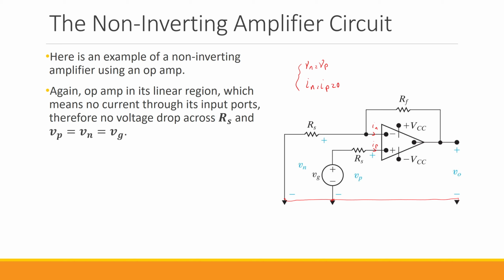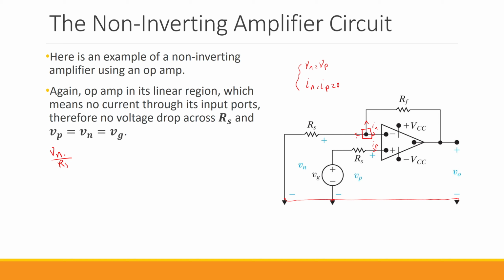So now based on this equation, what we can do, as we did before, is write down the KCL for this node and see what we get. If I write down the KCL for this node, considering all the currents to be leaving, we have Vn over Rs.